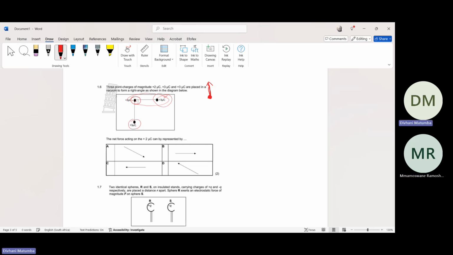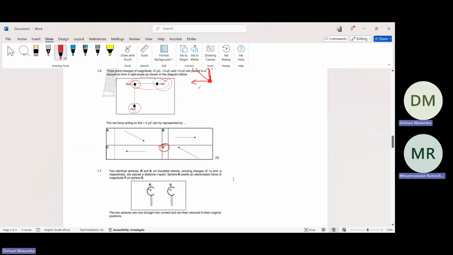And when the 2 microcoulombs is being repelled, where will it go? It will go to the left. That's correct. And then when we have two forces in this orientation, where is the resultant? The resultant is going that way, so it's going to be D. That's correct. I thought it was going to be easy peasy for you.